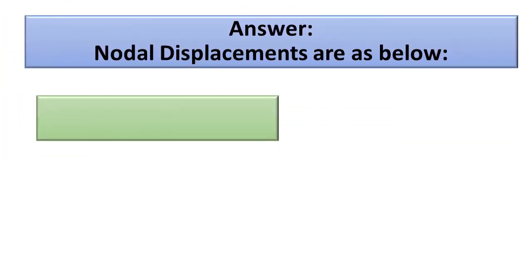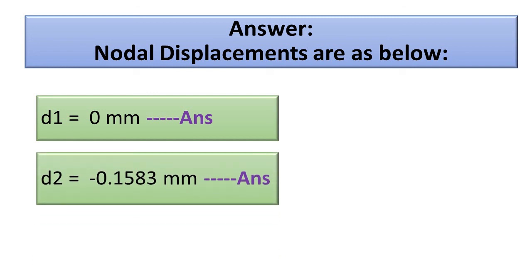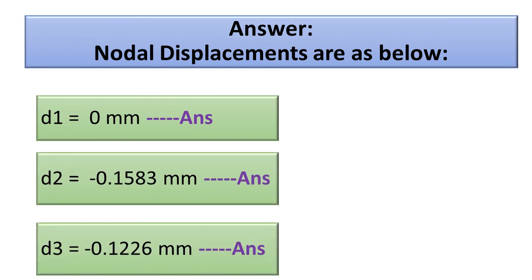So the answers are the nodal displacements: D1 is 0 because at node 1 there is a fixed support. D2 is equal to minus 0.1583 mm while D3 is equal to minus 0.1226.